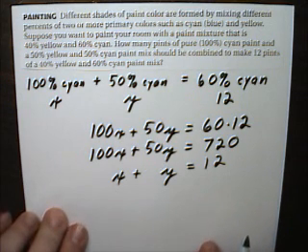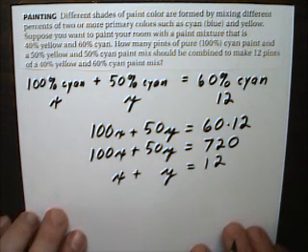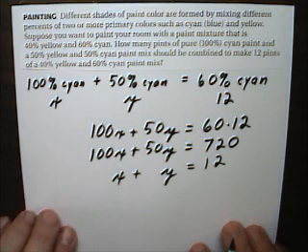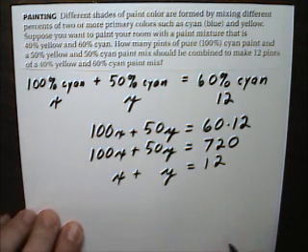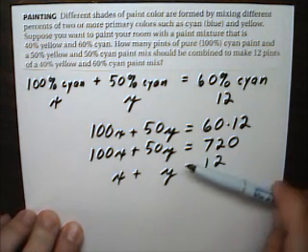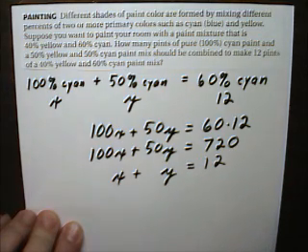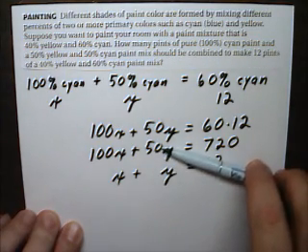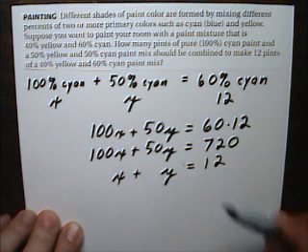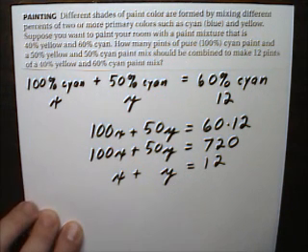So now I have to solve this system of equations, and let's see, I guess I could multiply the second equation by negative 50. And that way this would be 50y and this would be negative 50y. I could add them up, and the y's would disappear, and I can solve for x.